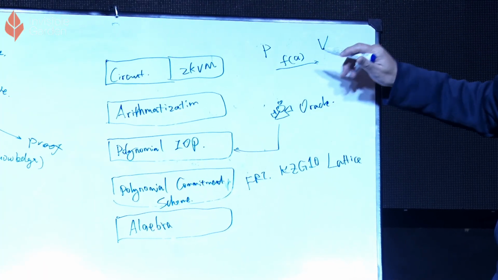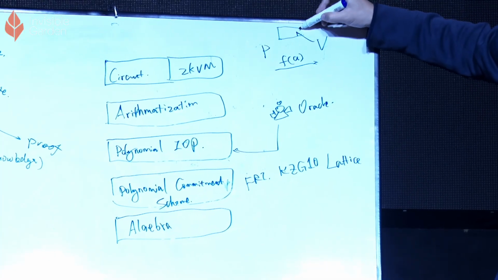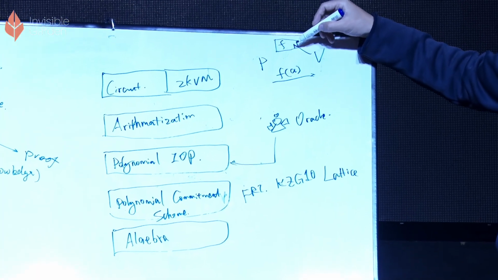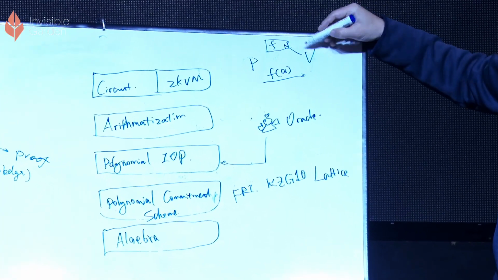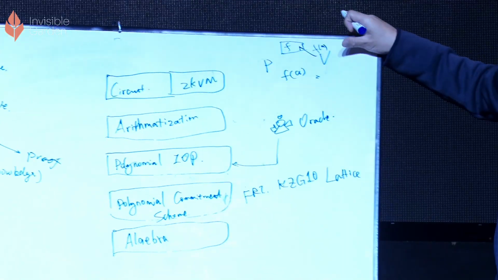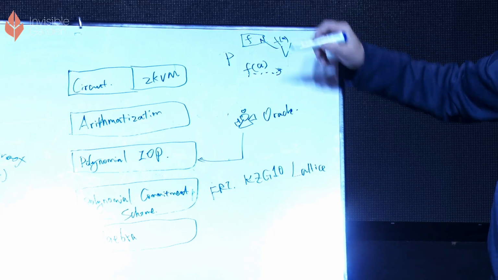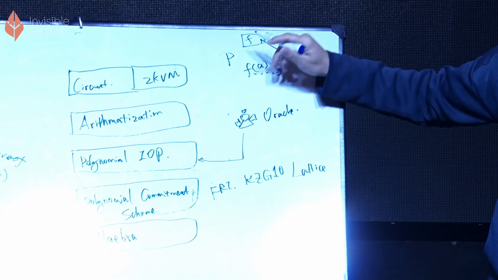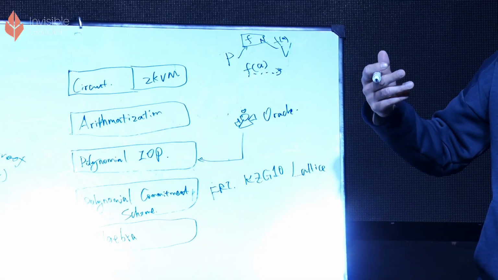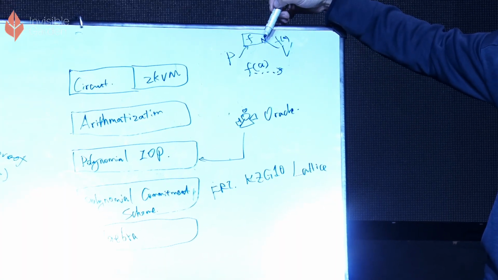Instead, the verifier will ask an oracle. The oracle has f, and the oracle answers f(a) to the verifier. The only task of the prover is to send f to the oracle, and then all the following evaluation proofs are done by the oracle.